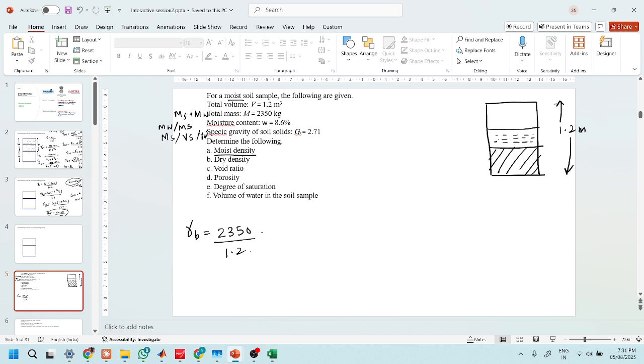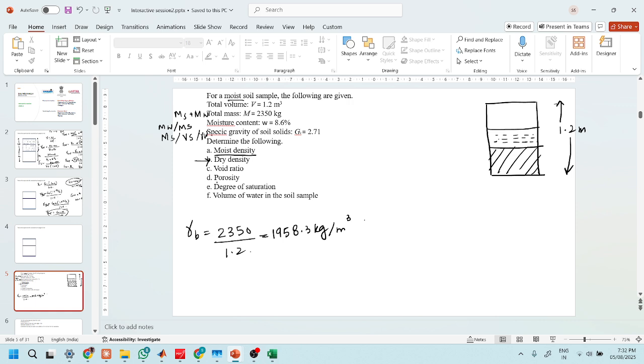Can somebody calculate this? 1958, madam. 1958.33. Okay.